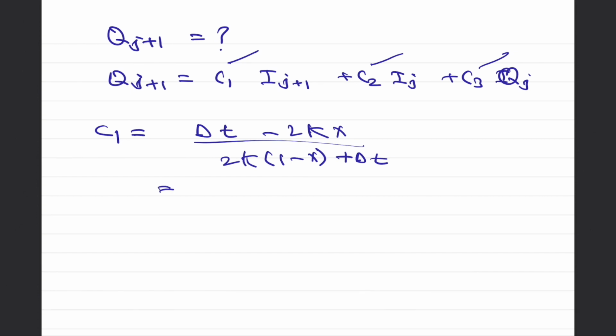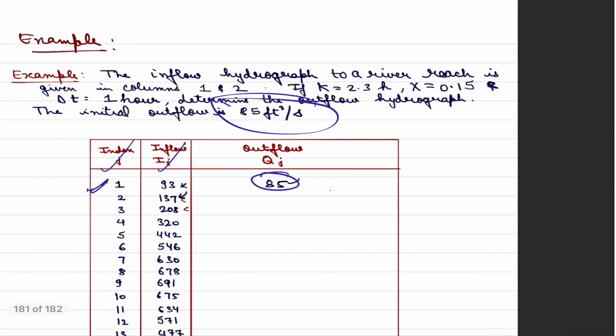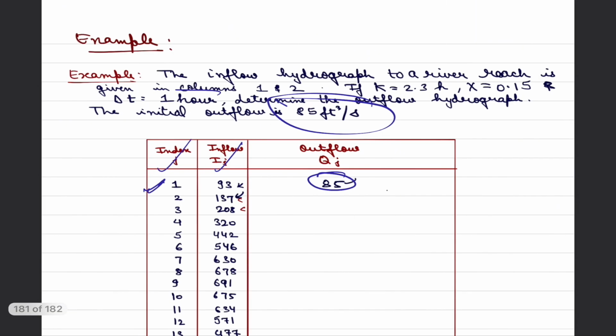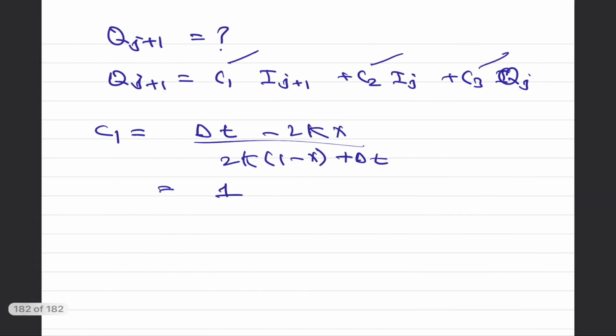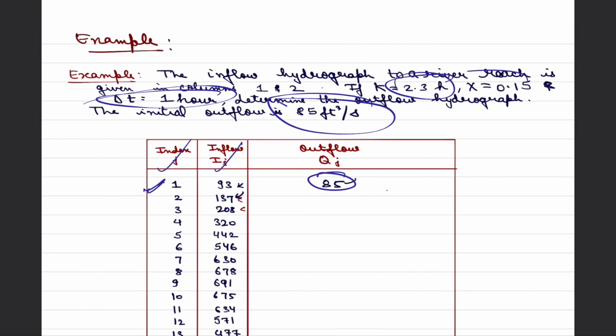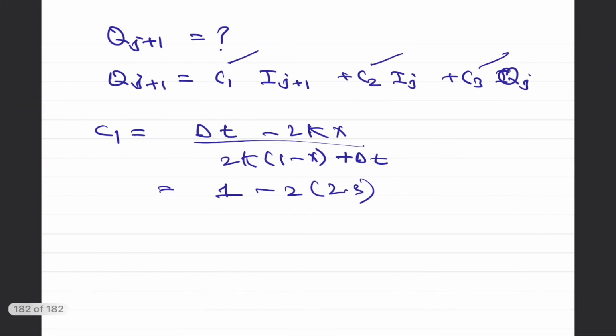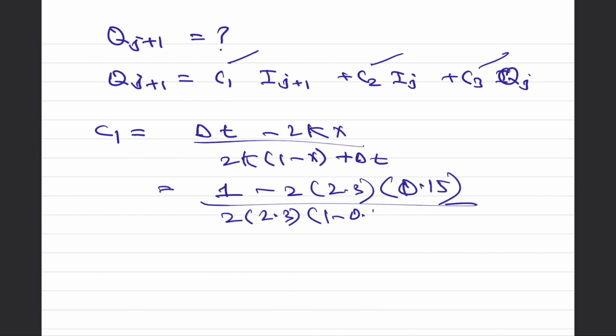After plugging in values, our delta t is 1 hour because all the intervals are specified as 1 hour in the question. k is given as 2.3, and x is given as 0.15. So this is (1 minus 2 into 0.15 into 2.3) divided by (2 into 2.3 into (1 minus 0.15) plus 1). Our C1 comes out to be 0.0631.